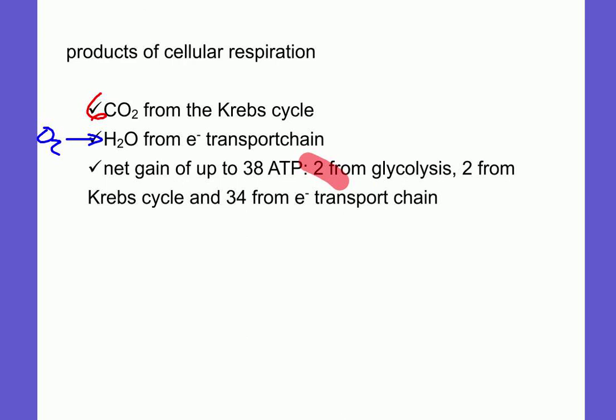You do get a net gain of 36 from those things, but only prokaryotes get to keep those 2. Okay? So it's different for prokaryotes than eukaryotes, but you could get up to 38 ATP per glucose. You only get 36 because you don't get to keep those two.